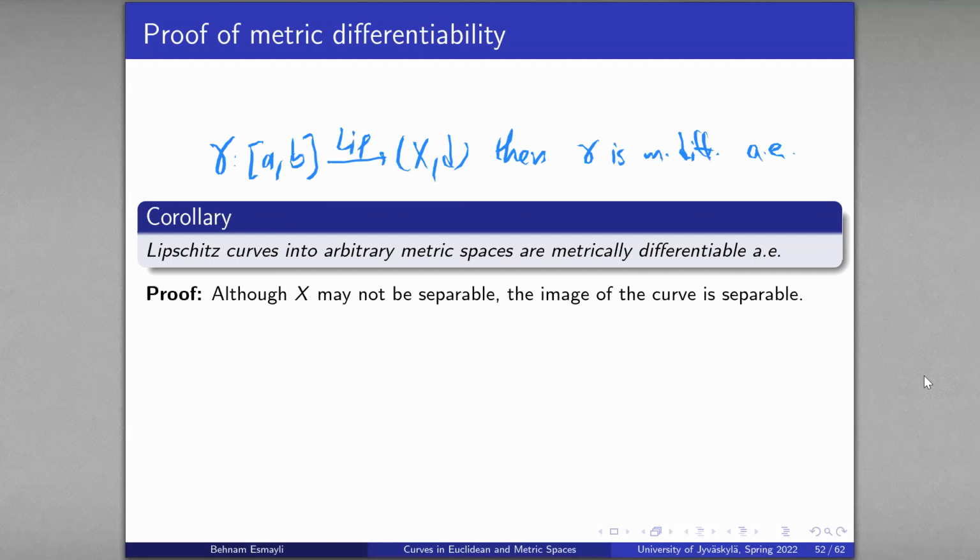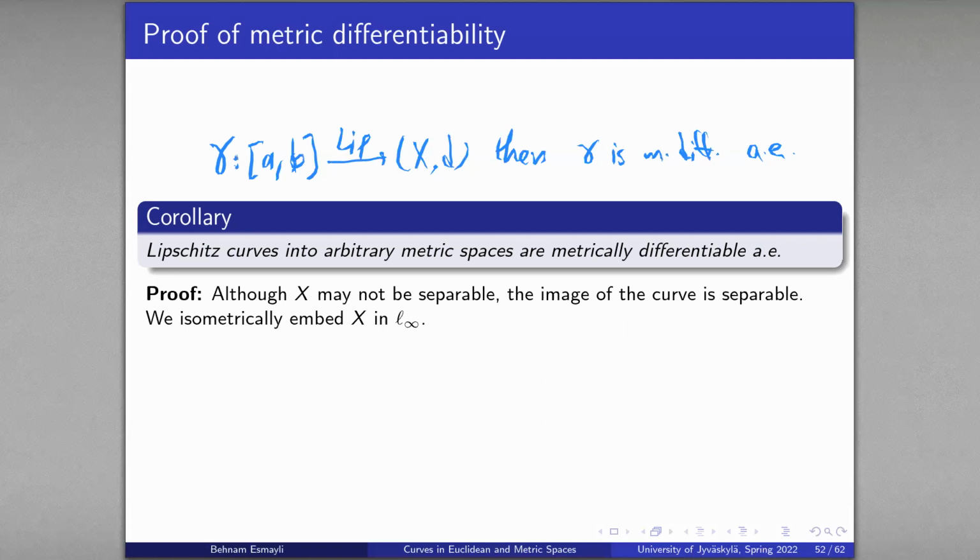The first thing we do is we want to embed x into L infinity. We had the result, the Kuratowski-Frechet embedding theorem, only for separable metric spaces. What if x is not separable, is huge? Then there's no problem, because differentiability only concerns the image of gamma.